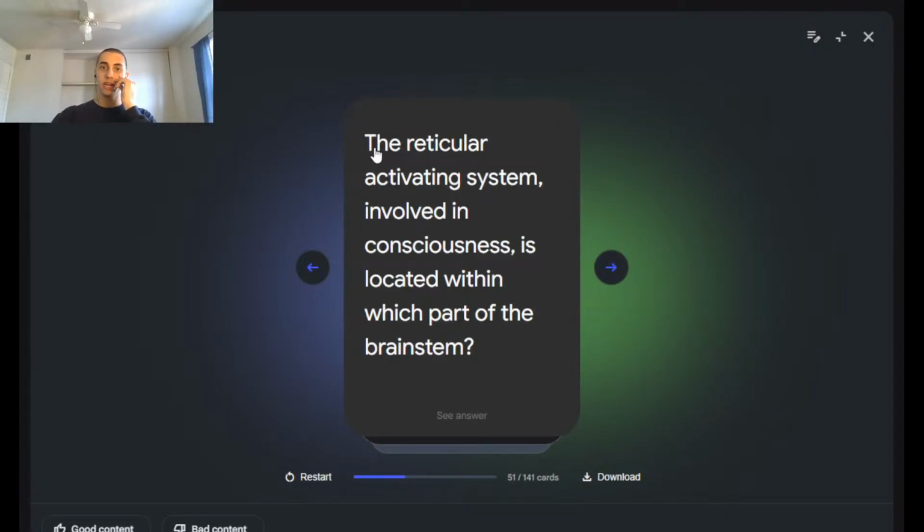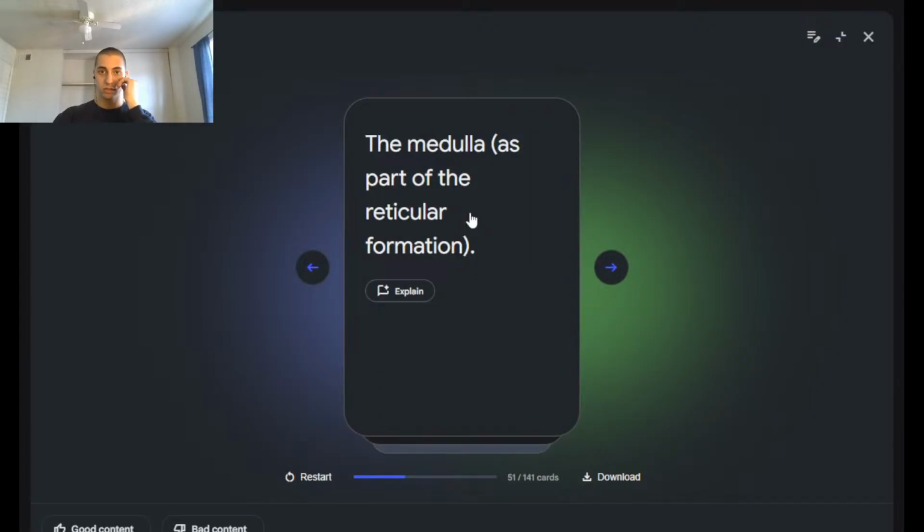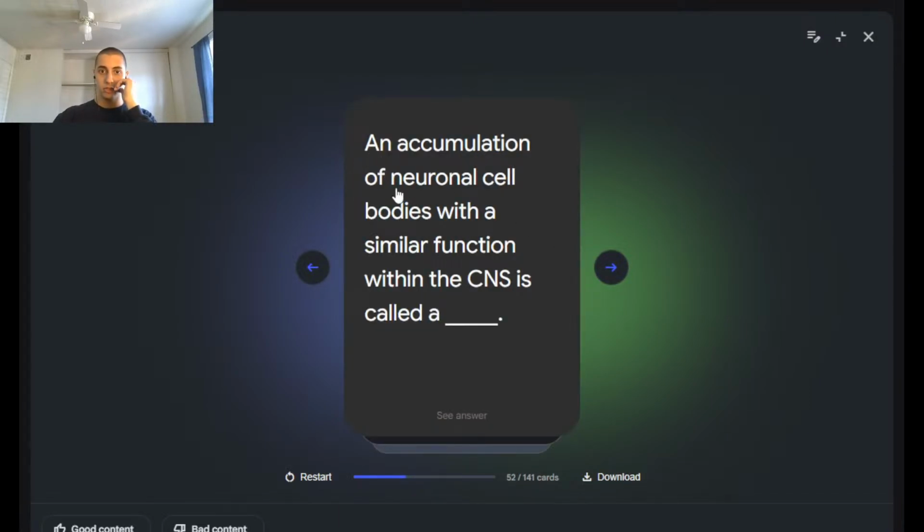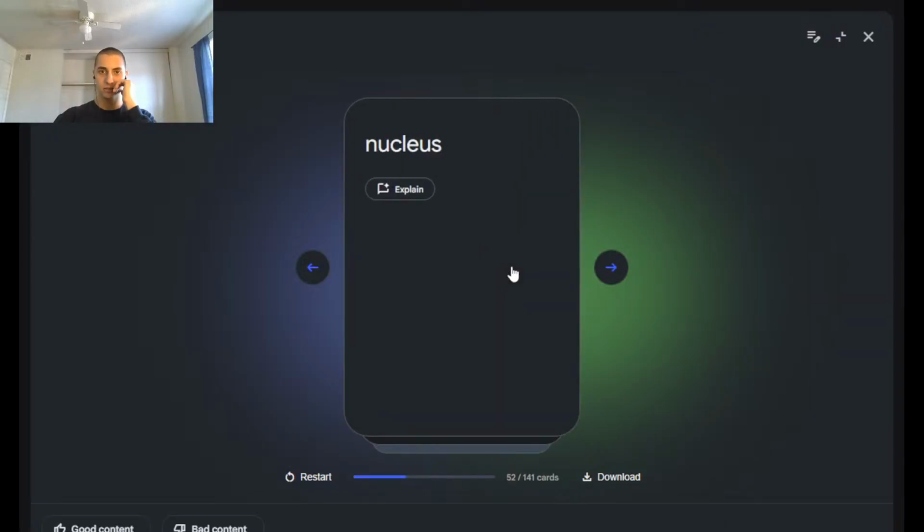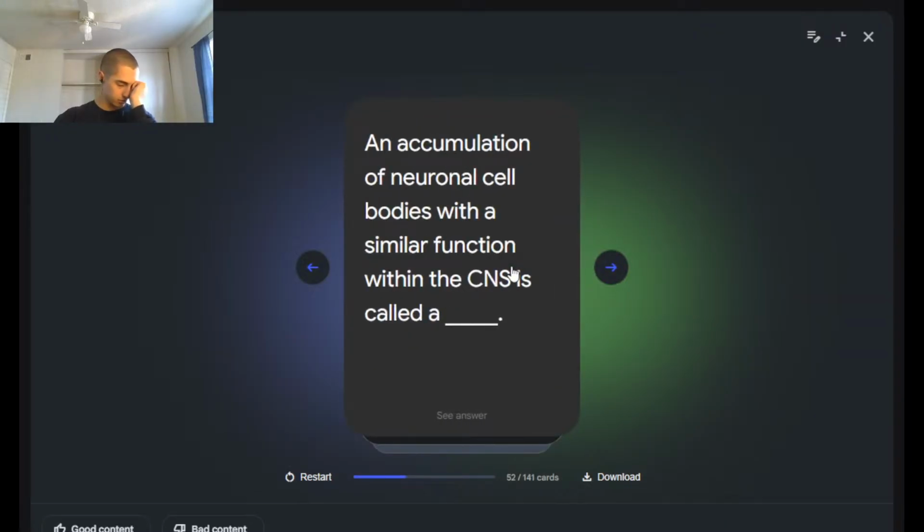The reticular activating system involved in consciousness is located within which part of the brainstem? The medulla, as part of the reticular formation. An accumulation of neuronal cell bodies with a similar function within the CNS is called a tract? No, nucleus. I should have known that.